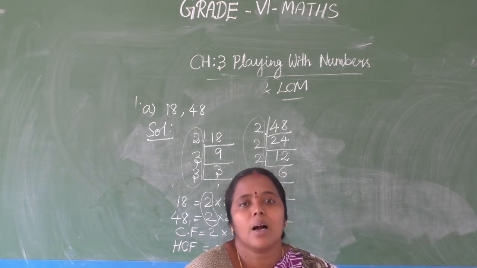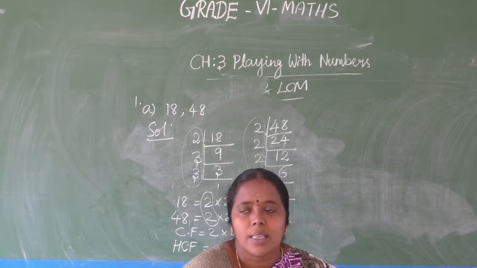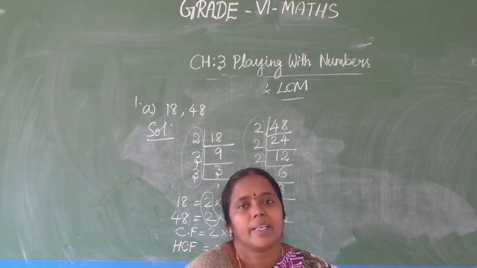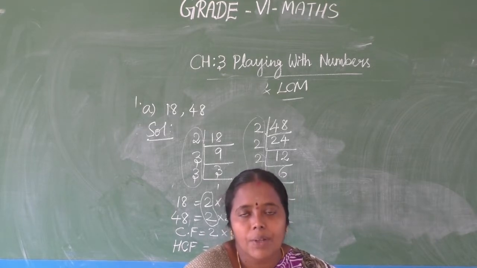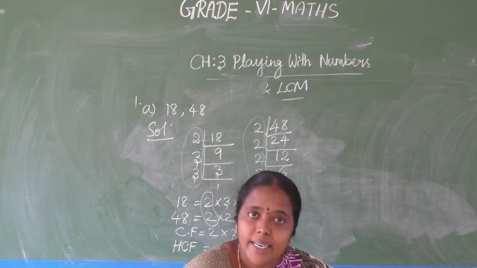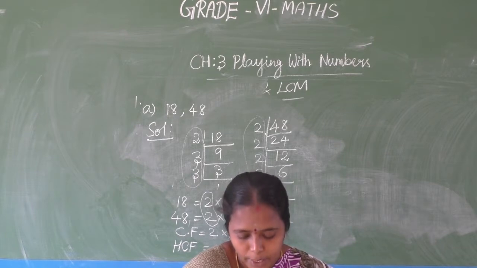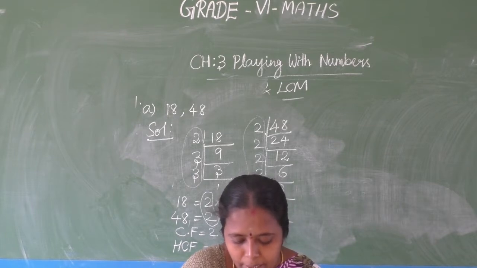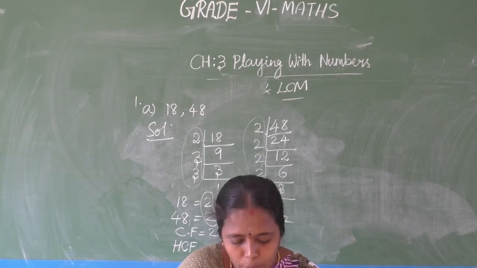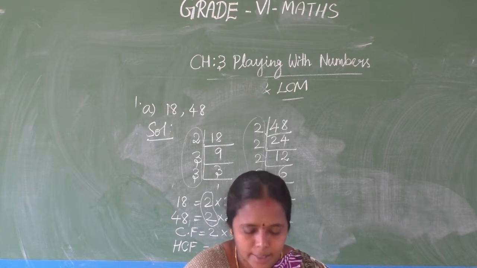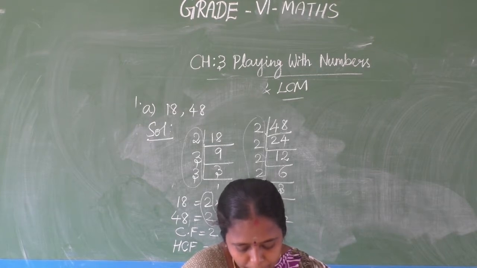Product of the common factors is called its HCF. The highest common factor of 2 or more given numbers is the highest of their common factors. Clear? So in this, many questions are there.